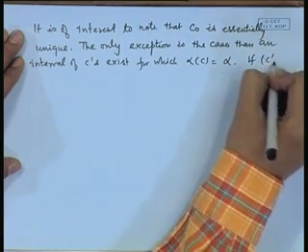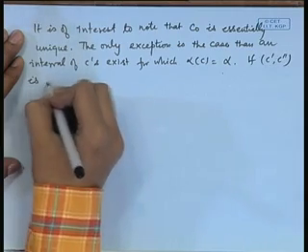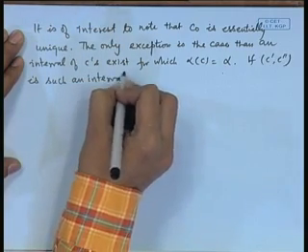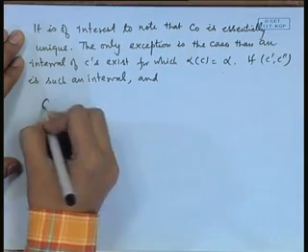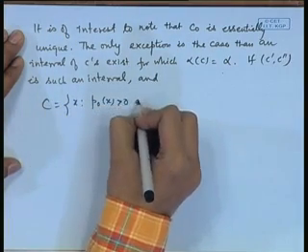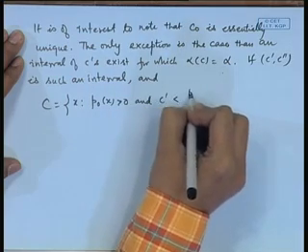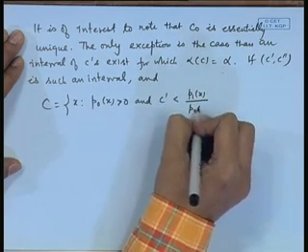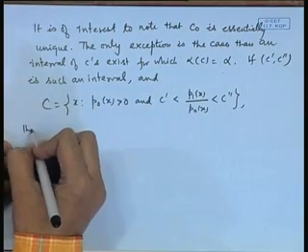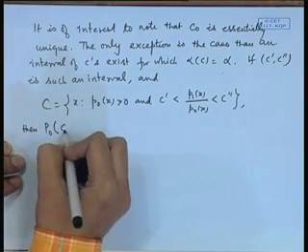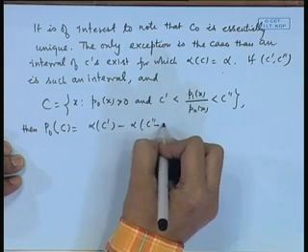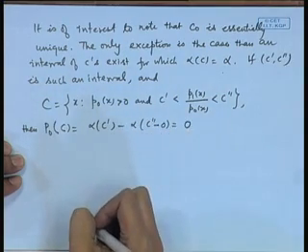So, if c prime to c double prime is such an interval, and C is equal to x such that p naught x is greater than 0 and c prime is less than p 1 x by p naught x is less than c double prime, then p naught C is equal to alpha c prime minus alpha c double prime minus 0, which is actually equal to 0.